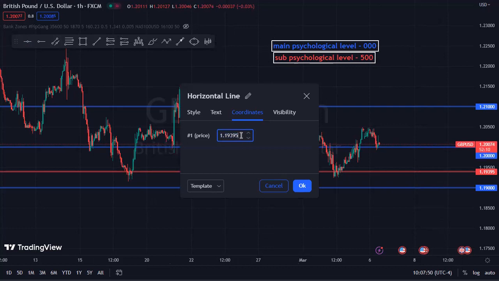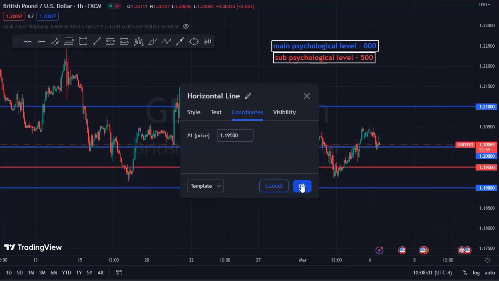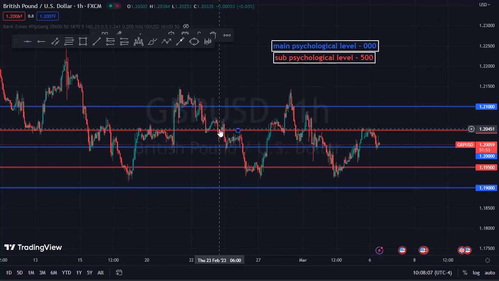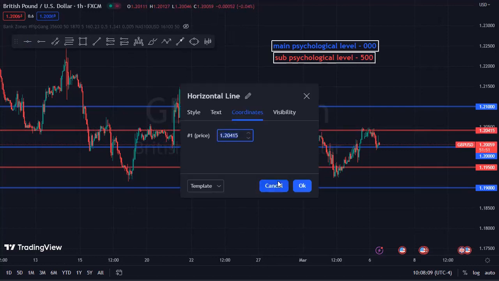As you can see now, price is at 1.19395. So we're trying to get it to 1.19500 for our sub-psychological level. So that's what I'm gonna do. 500. There we go. We're gonna do the same to 1.20500.